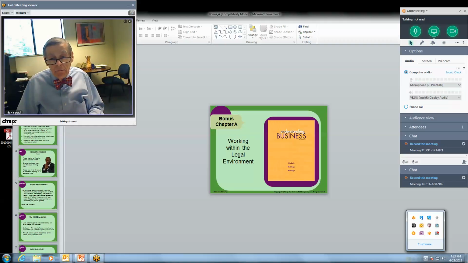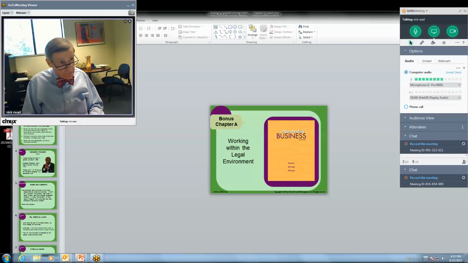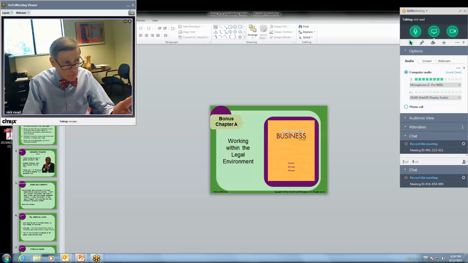This afternoon, we're going to discuss the three bonus chapters, working within the legal environment, bonus chapter A. Then we will go to bonus chapter C, managing risk, and finally to bonus chapter D, managing personal finance. We've addressed some of these subjects to an extent as we've gone through the 20 chapters so far.